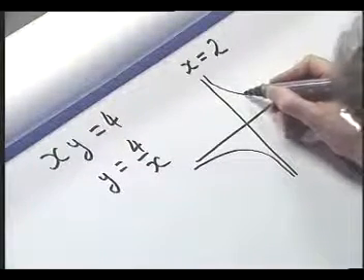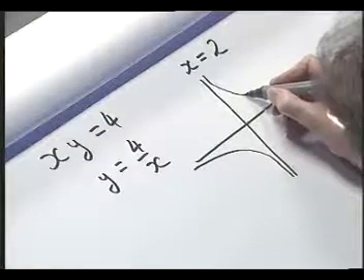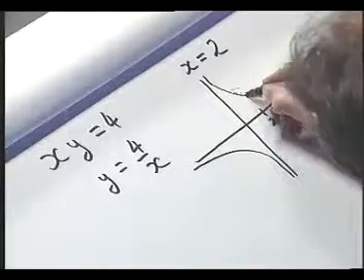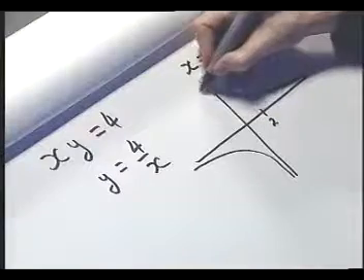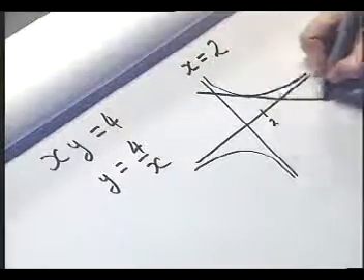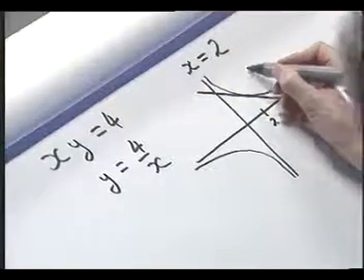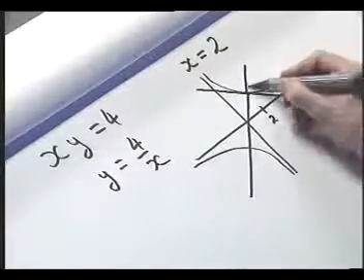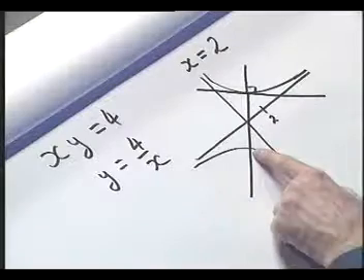Well, here's the point, let's say x equals 2. There's the point on the curve. There is the tangent to the curve, and there's the normal to the curve. And as we can see, this normal goes through there.